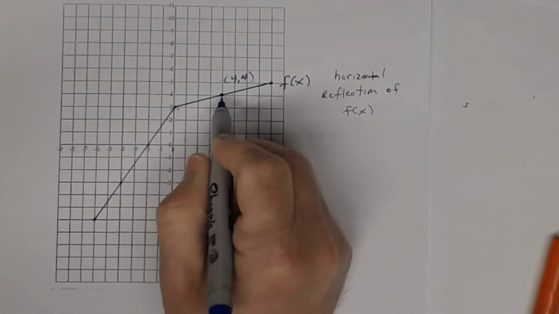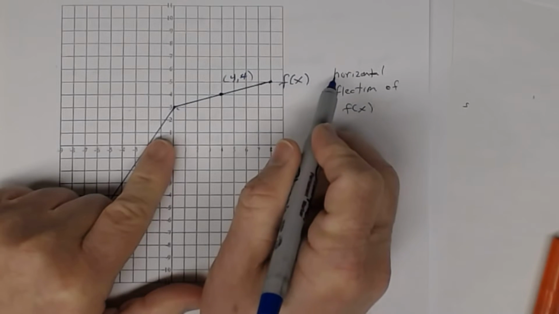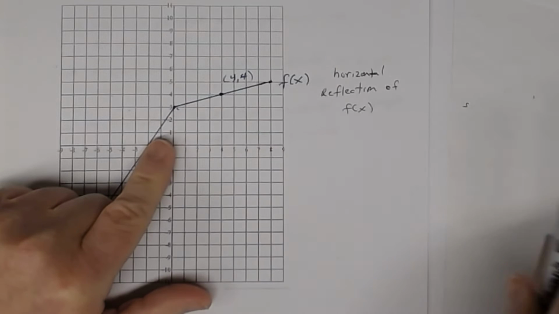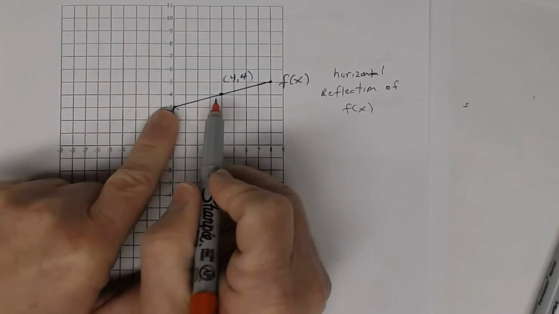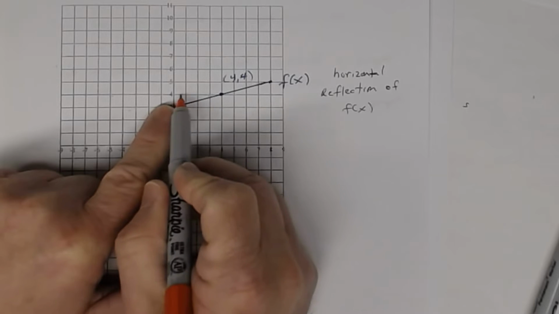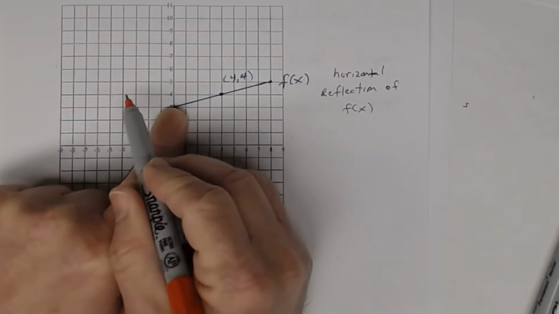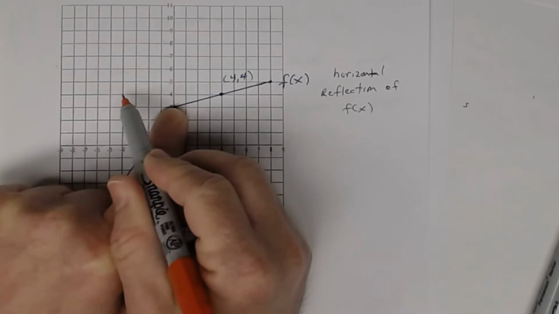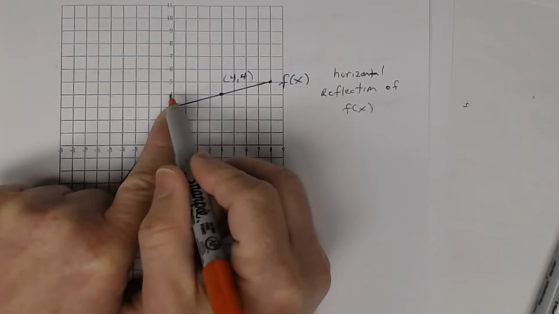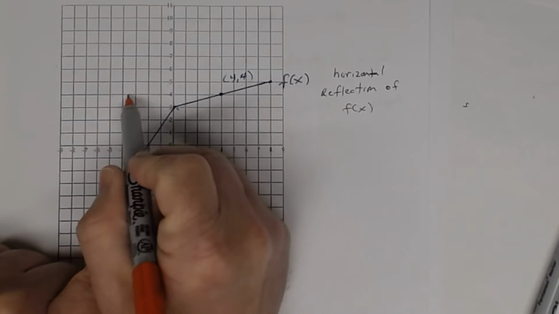(4, 4). So when I do a horizontal reflection about the y-axis, notice this distance. This point is 1, 2, 3, 4 units from the y-axis, so when reflected about the y-axis, the other point better be 4 units from the y-axis as well. 1, 2, 3, 4, right here.